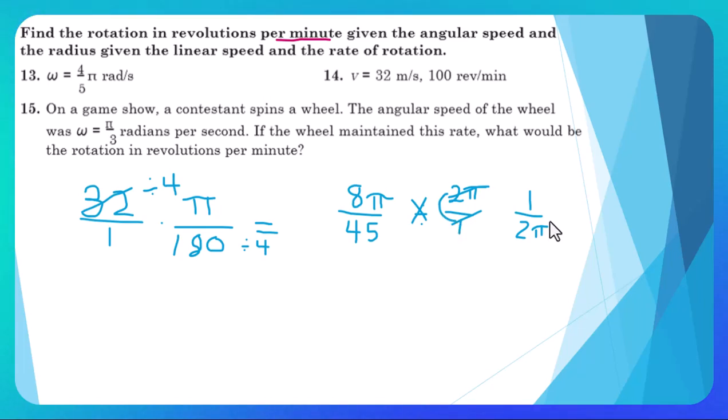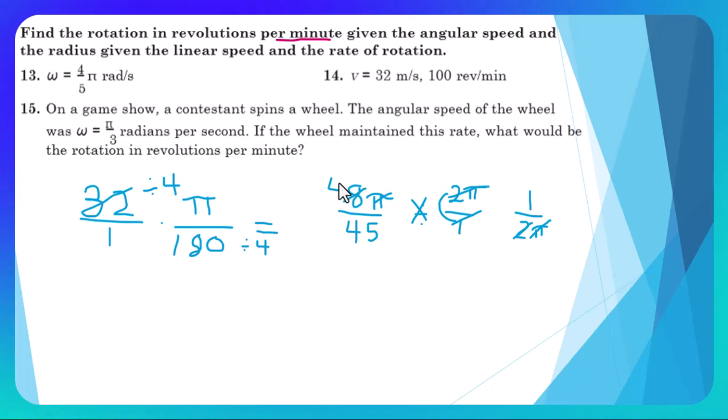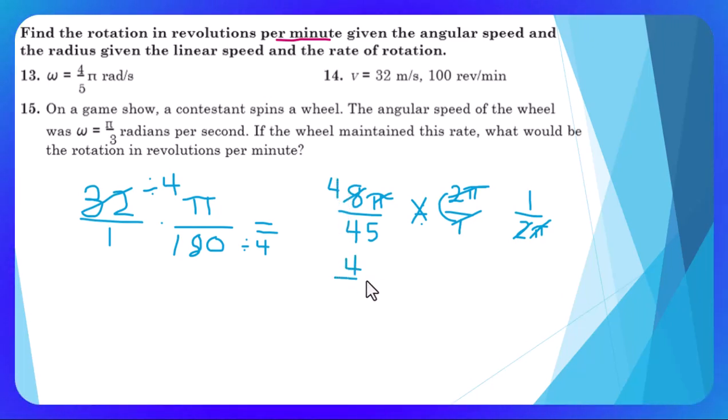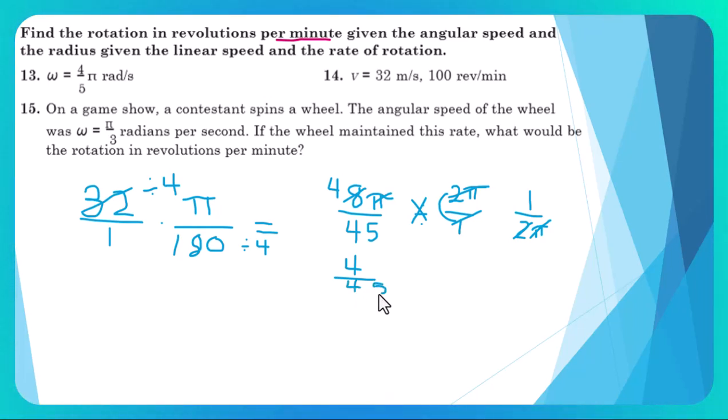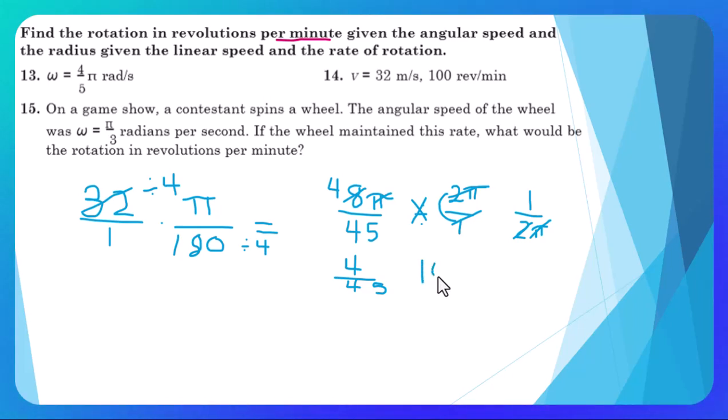The pi is going to cancel, and 2 goes into 8 4 times. And you have 4 over 45. We're going to multiply that by 100, so that's 400 over 1. So that's 400 divided by 45.